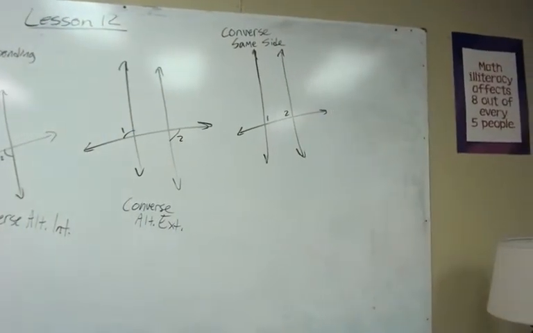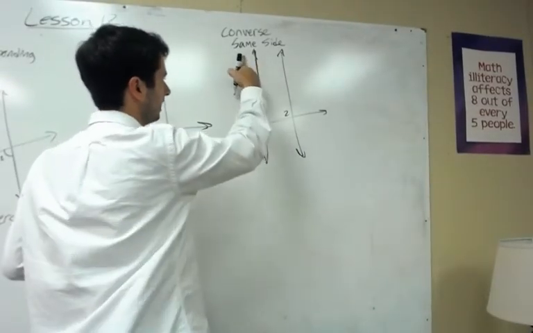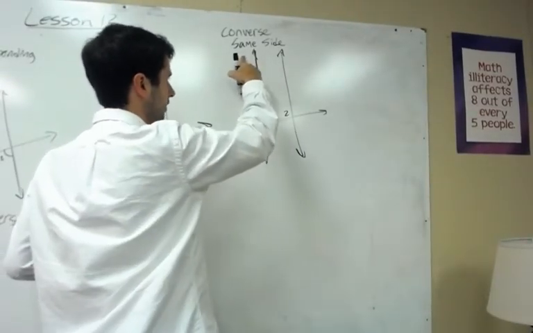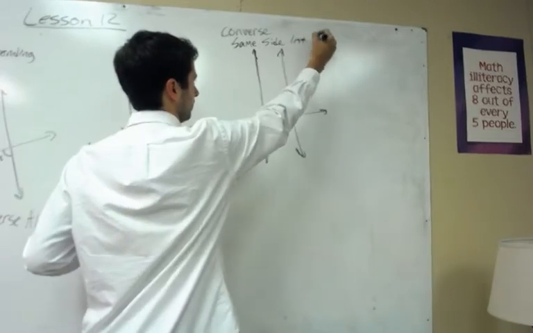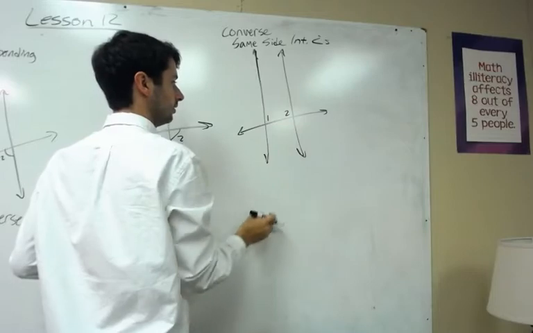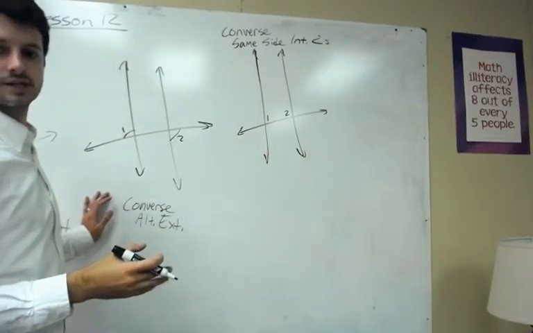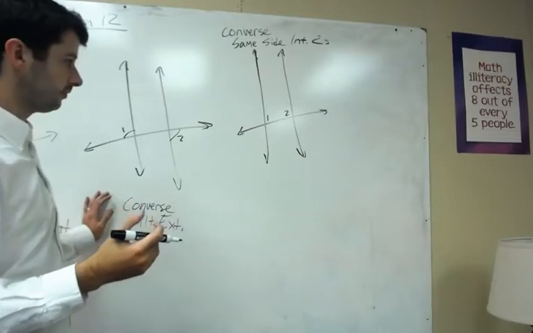The converse of same side is a little bit different, because the converse of same side interior angles would state that if angles 1 and 2 add up to 180 degrees, then the lines would be parallel.